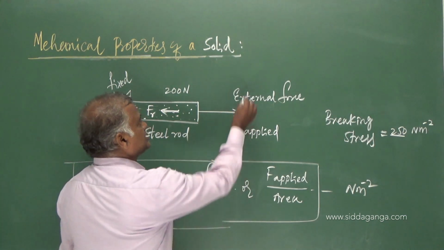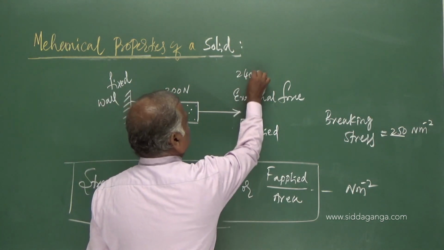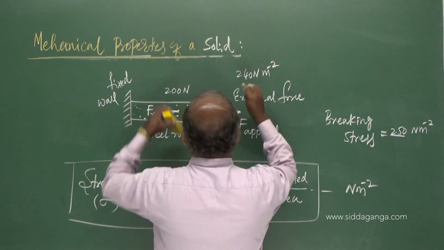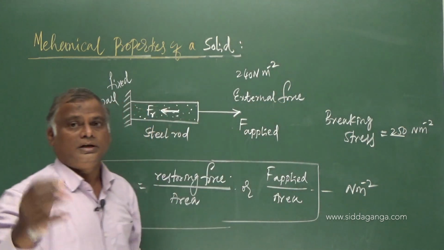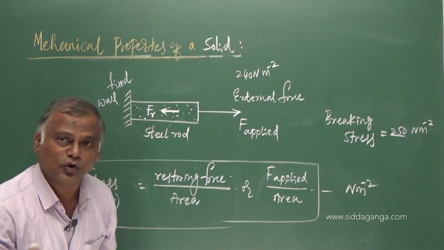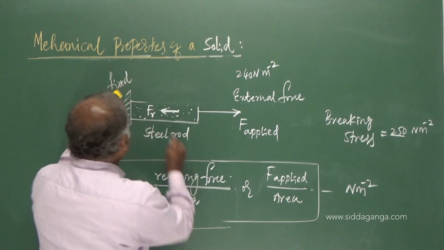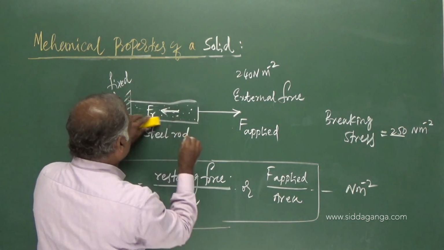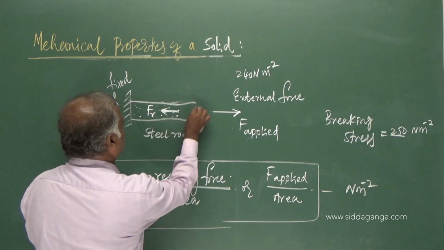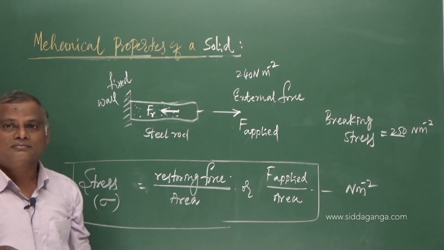But if I apply, say, 240 Newton per meter square, it won't break. But does the shape remain the same? No. There is some change in the shape of the body. The shape will change, but it doesn't break.